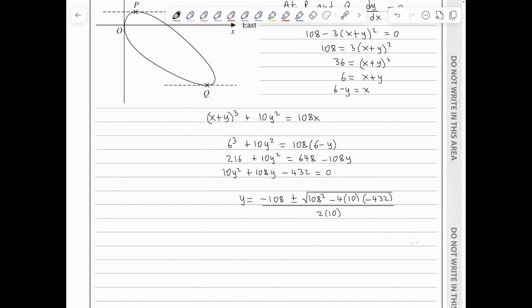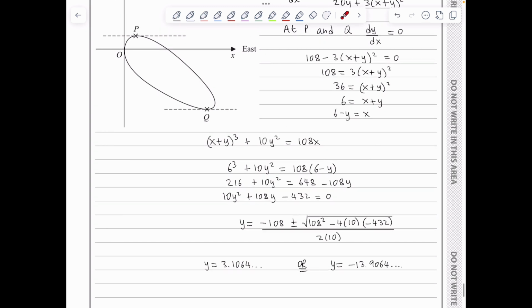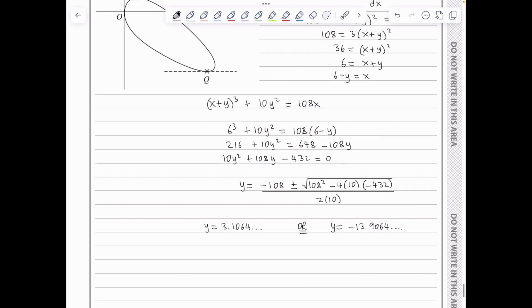So if we plug this into the calculator, we get an answer of 3.1064... Or alternatively, we get that y is equal to minus 13.9064... Well, looking at the diagram here, P is the one with the positive y coordinate, so P has a y coordinate of 3.10 and Q has a coordinate of minus 13.9064.